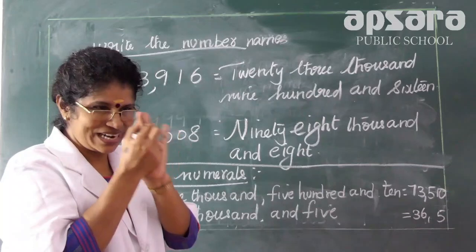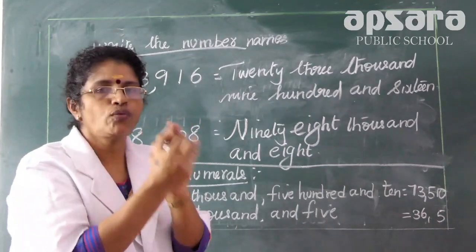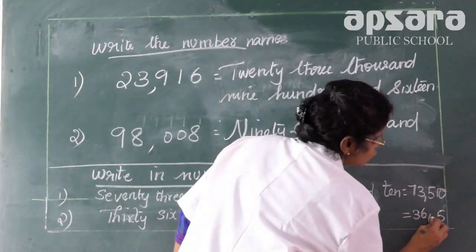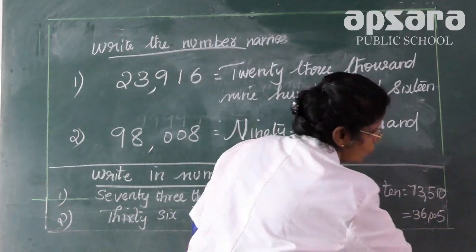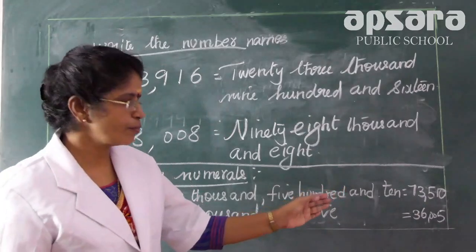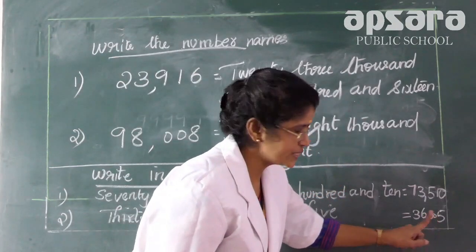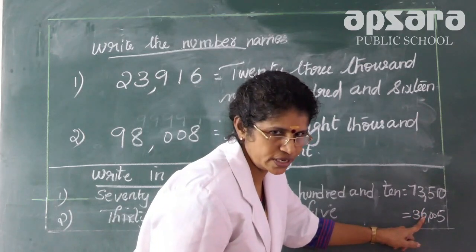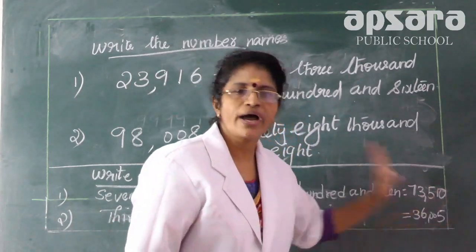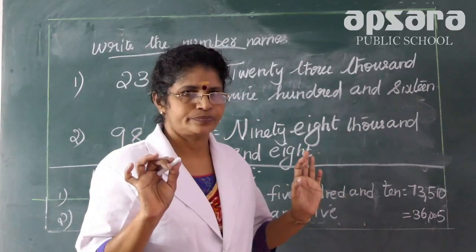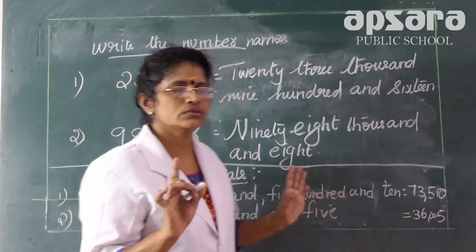When these two places are not there, what will you do? Zero, exactly. You have to write two zeros. Now can you read this number? I have written it with two zeros. Got it? Yes? 36,005. Understood?